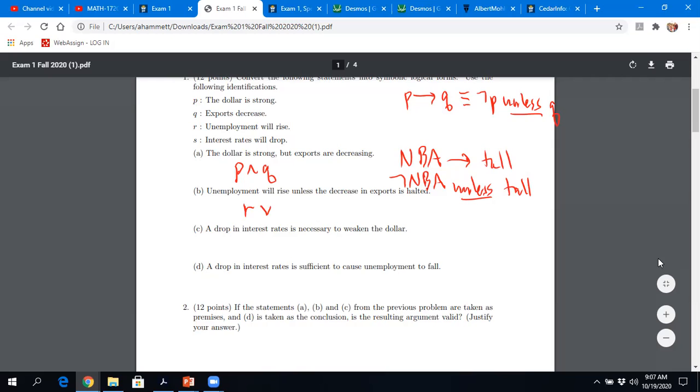Not Q, right? Which by the way is the same thing as not Q or R, which is the same thing as Q implies R. Does that make sense? There are other ways that you could have looked at that, but that's the most basic way to look at this.